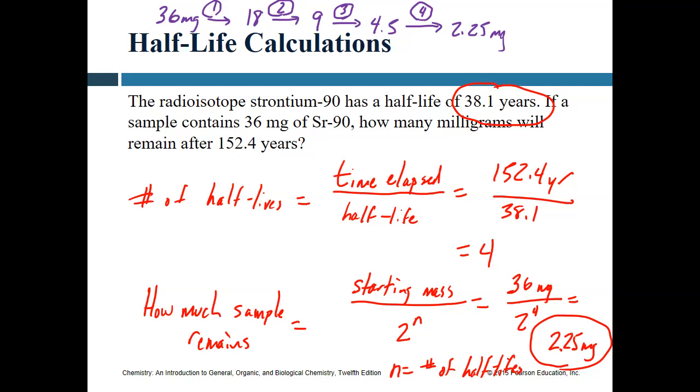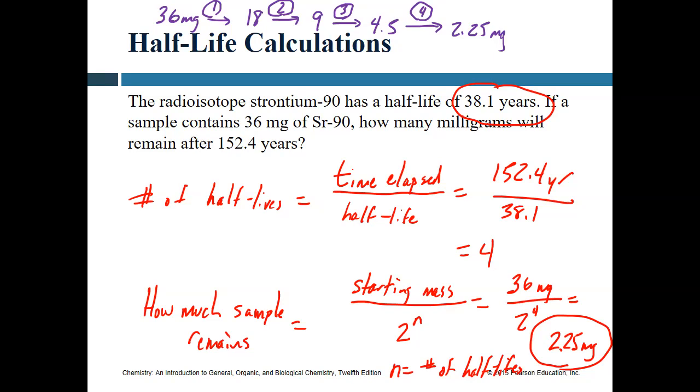In fact, you'll often see if I'm doing a problem like this, sometimes I'll just sit there and do that a little bit with the arrows. Okay, 36 is now 18, 18 is now 9. I won't even bother trying to figure out what 2 to the 4th is.